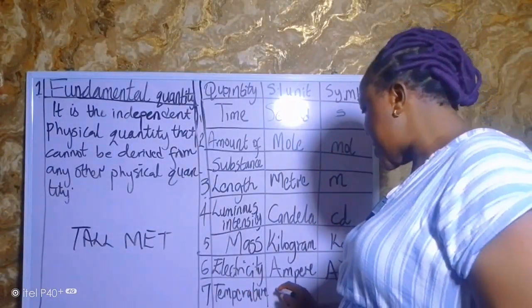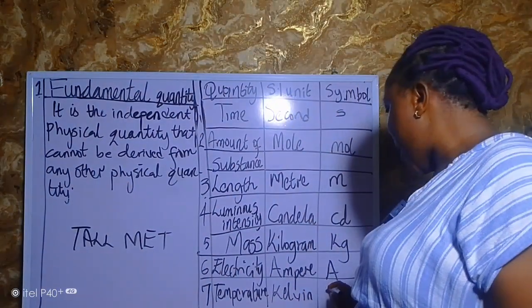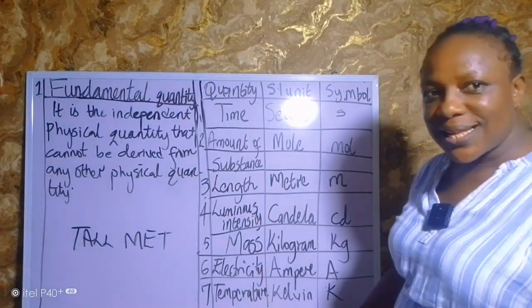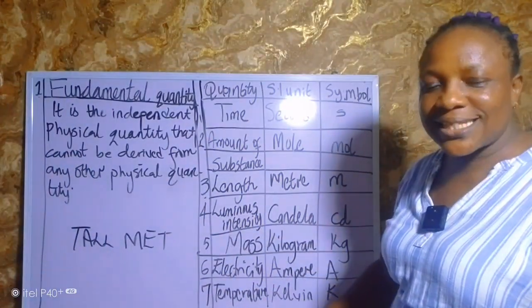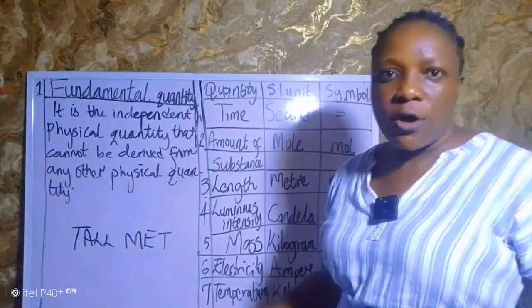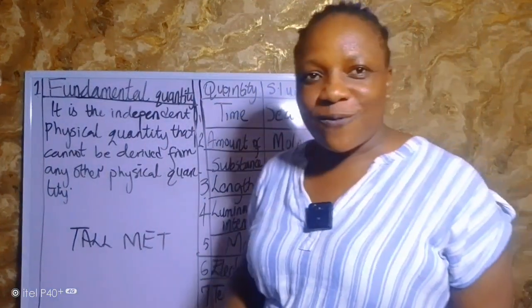The unit given to it is Kelvin, and that is our K. So these are the 7 fundamental units and 7 fundamental quantities that we have in science. You can start from TOMET or from any of them. With this, I hope you get your fundamental units.